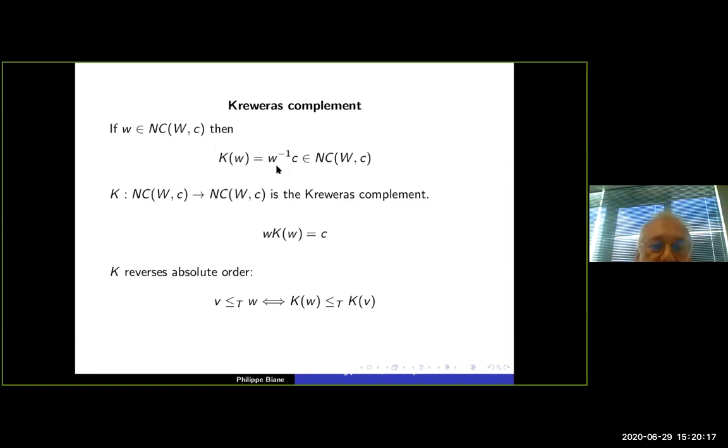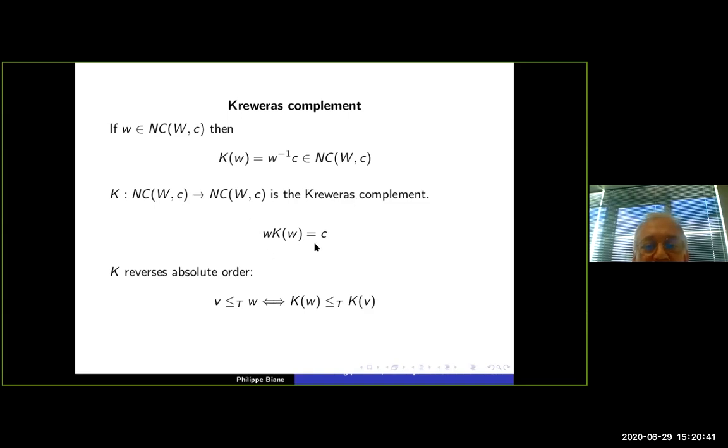So W minus C is the complement, how you go from W to C inside the group W. It is called the Kreweras complement, and it turns out that it belongs also to the set of non-crossing partitions, because it is also on a geodesic from the identity to C.